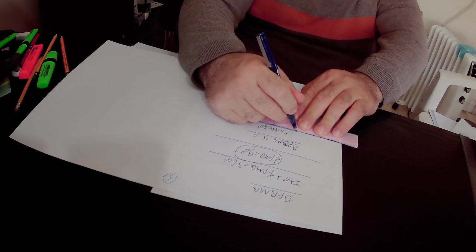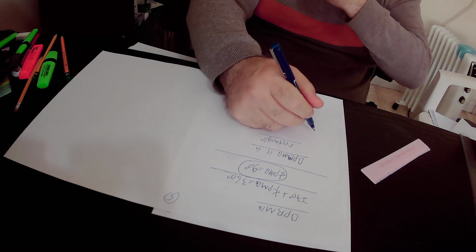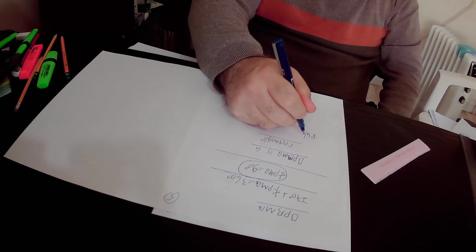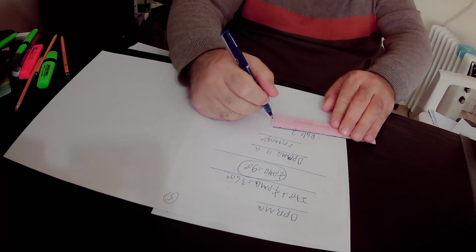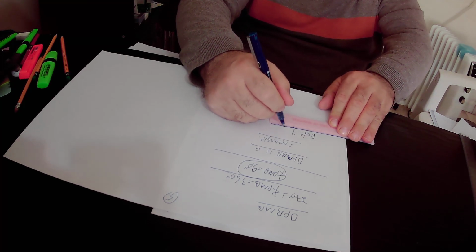And according to rule number 3, the opposite sides of a rectangle are equal to each other.